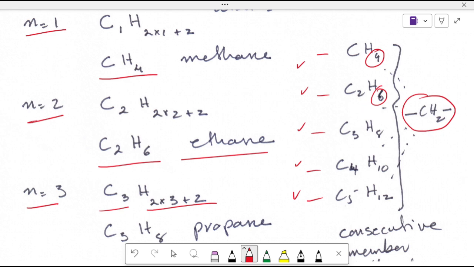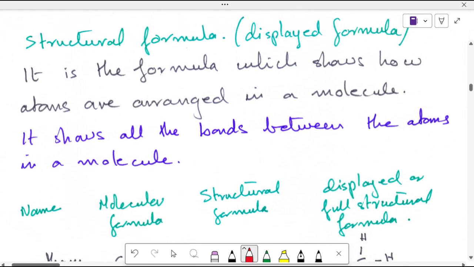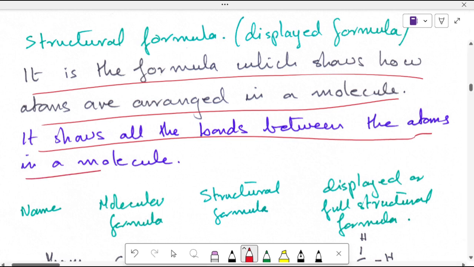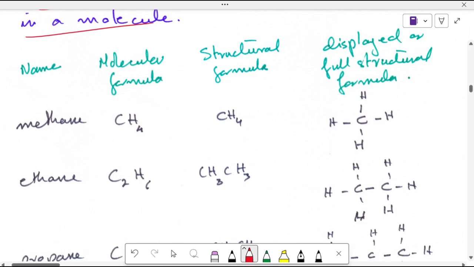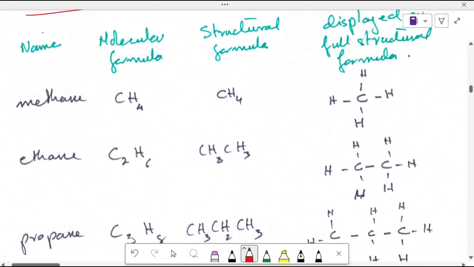Now let us discuss the structural formula. It is also known as the displayed formula. It is the formula which shows how atoms are arranged in a molecule. It shows all the bonds between the atoms in a molecule. I have drawn this table. First column, name; then molecular formula; structural formula; displayed or full structural formula.